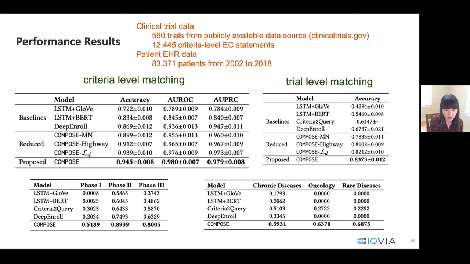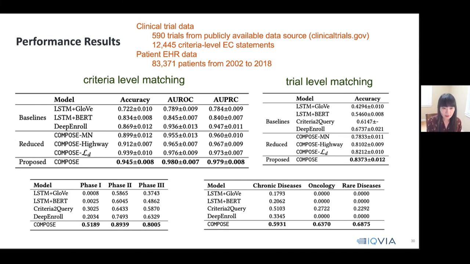So now we finish describing the framework, and we tested the composed model on real-world data. We tested the matching performance across 590 clinical trials.